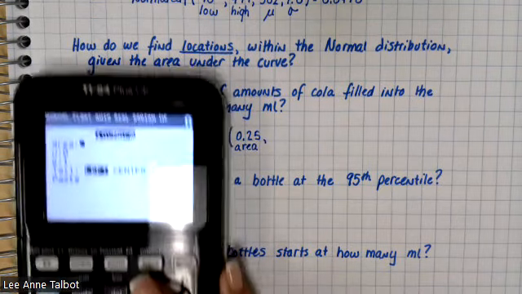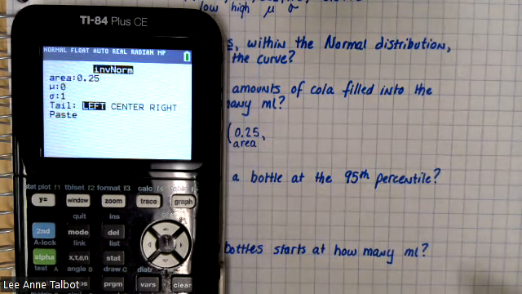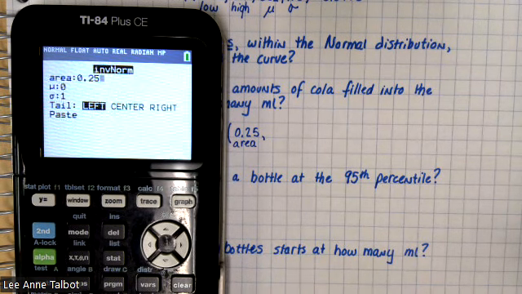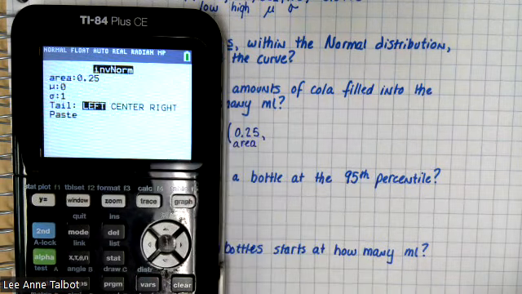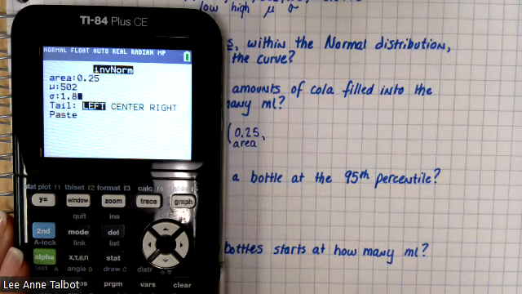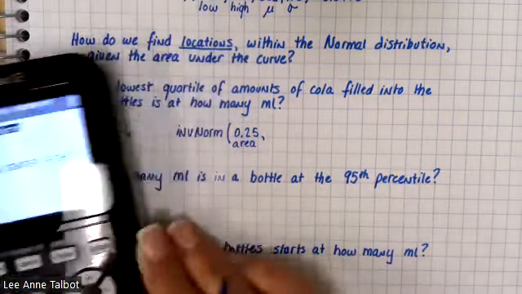Anyway, while we're fixing that, make sure that your area is a decimal. Remember what I said about density curves, the area adds up to 1. So yeah, decimals, because you're going to try to put 25 in there and then you'll get an error and be like, oh, right. So it'll catch you. Mean is still 502. Standard deviation is still 1.8.